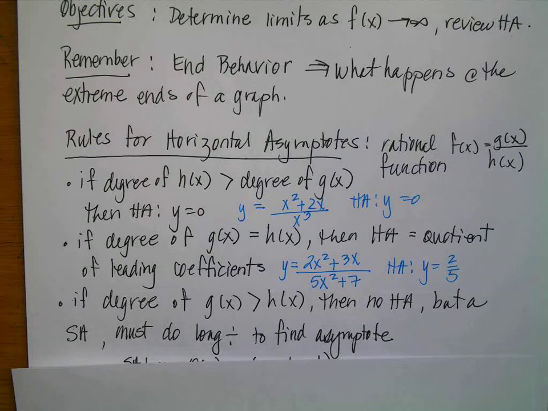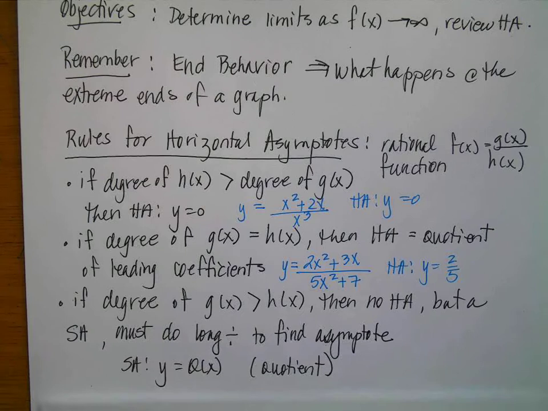Okay? And then the last situation would be if the degree in the numerator is higher than the degree in the denominator, there is no horizontal asymptote, but there is a slant asymptote, and you have to do long division to find the asymptote. Your slant asymptote then is going to be the quotient.